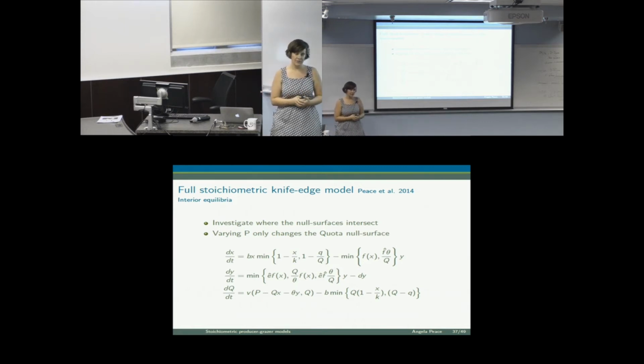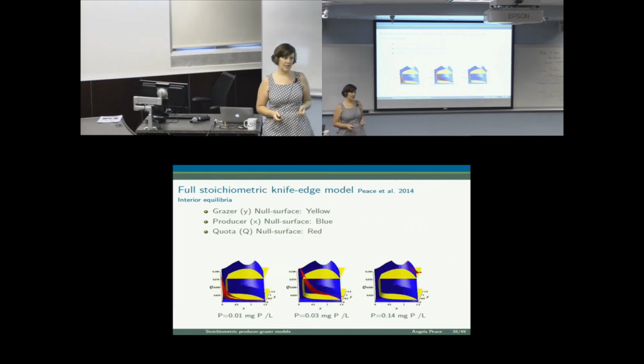It's similar to the 2-dimensional model I showed you. Remember when we increased phosphorus, all that ended up doing was pulling the dotted producer nullcline down into that red corner. Here we're just going to be doing a similar thing where we're shifting the Q null surface. So you see that here. The yellow surface is the grazer, Y, null surface. You see under different phosphorus contents, it doesn't change at all.